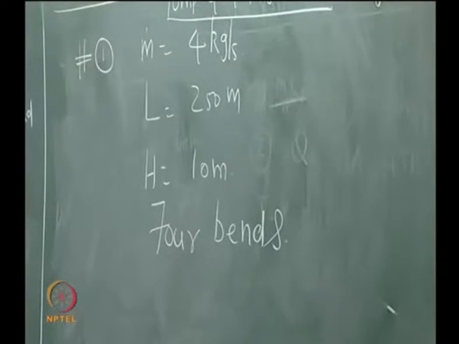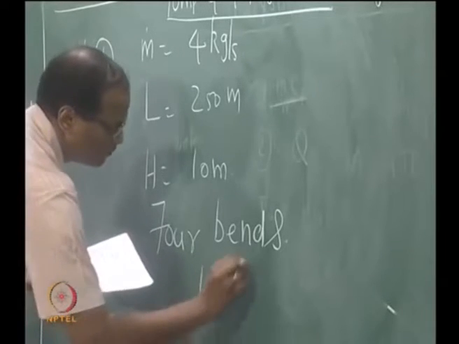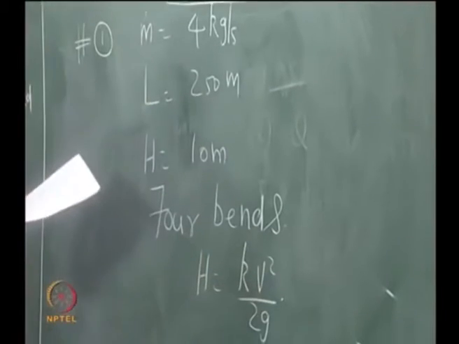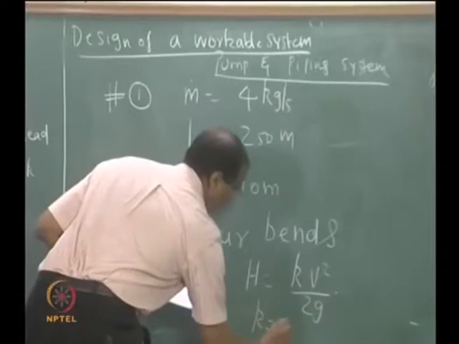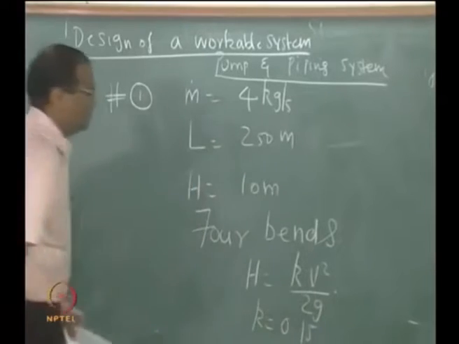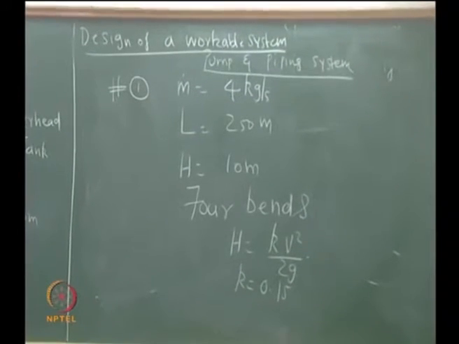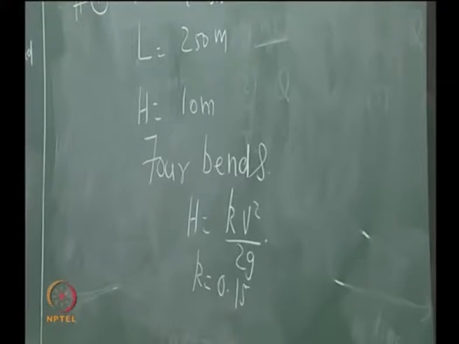The head loss in a bend is given by H equal to K V squared by 2g, where K equal to 0.15.